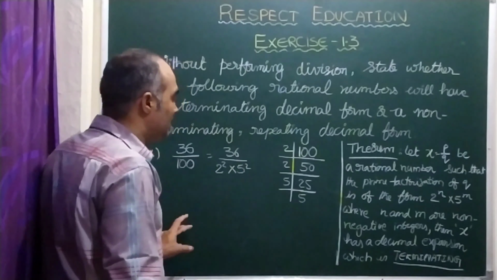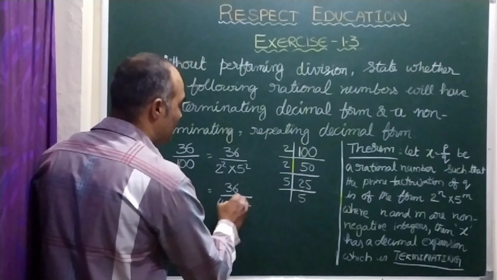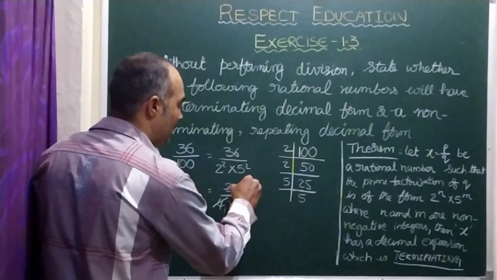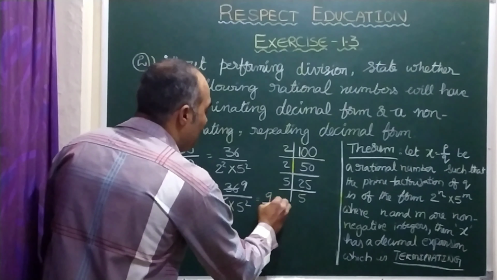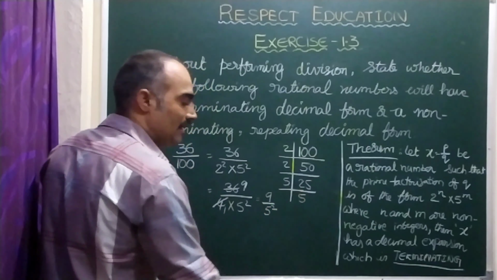Right? So it is of the form 2 power n into 5 power m, so it is terminating. And sometimes here you see children, 2 square is 4, so you can cancel 4 with 36. I am writing for your convenience children, it is 4 into 5 square, so 4 ones are 4, 4 nines are 36, right? So it is 9 by 5 square, right?